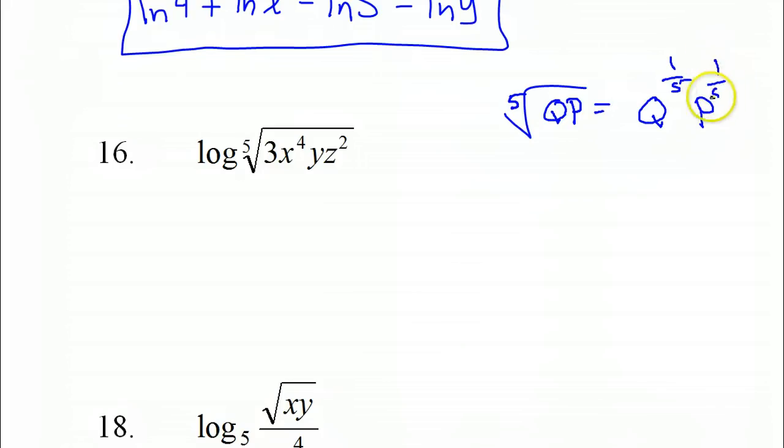Now here we have 1, 2, 3, 4 things. So when I'm all done, I'm going to have 4 terms. Okay, but first we have to take this fifth root and turn it into the 1/5 power on each of these 4 things. So this is what I'm going to have. Log.